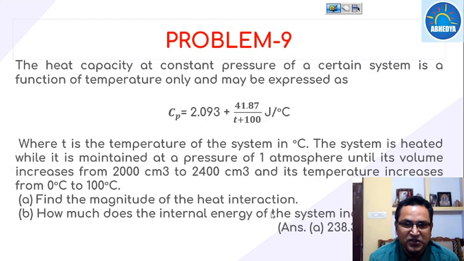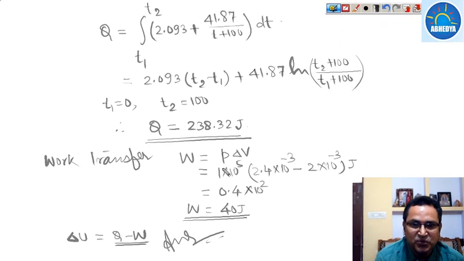You just put the values and get the answer. I have taken 1 atmosphere as 1 into 10 raised to the power 5, so the work comes to be 40. Some books may have taken 1.013 bar, so there will be some variation in this work done. So just keep it as 1 bar and get the answer. It's an easy calculation.